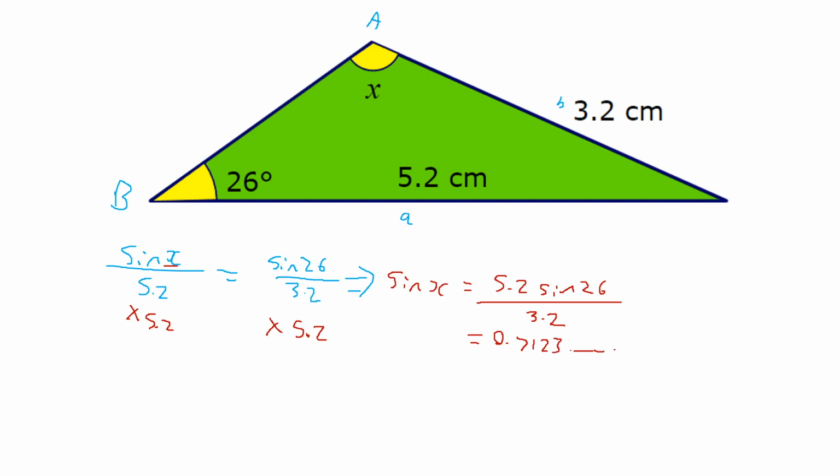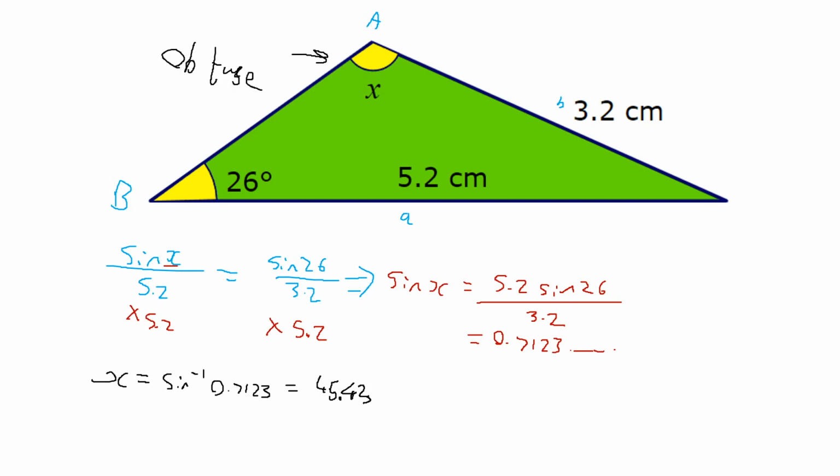But if we work out the inverse sine, excuse me, x is going to be equal to the inverse sine of 0.7123, but that's equal to 45.42, excuse me, right? But this is an obtuse angle, right?